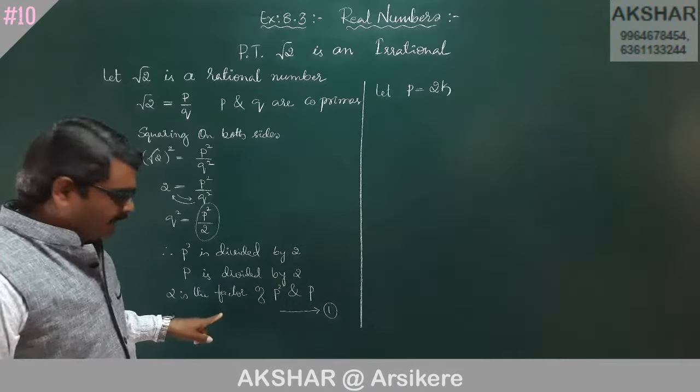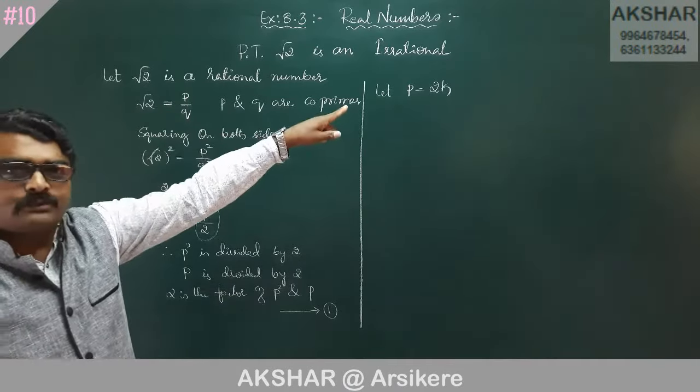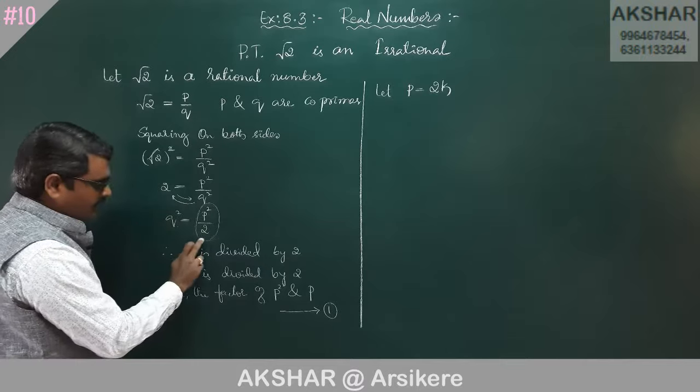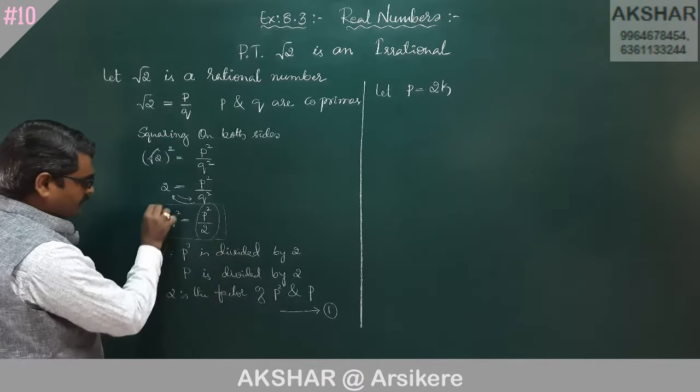P is, just now we discussed, p is a multiple of 2, means 2 into k, right? Can I write like this? Yes. Now substitute this p value in this equation, right? Or in this equation also, okay, anywhere. Substitute the value of p is equal to 2k in this equation, right?